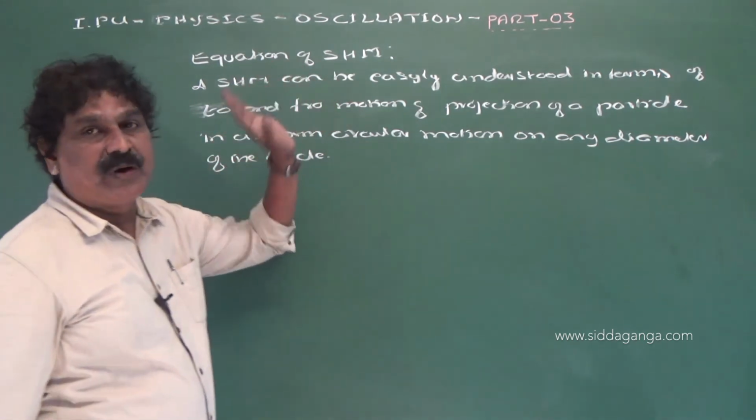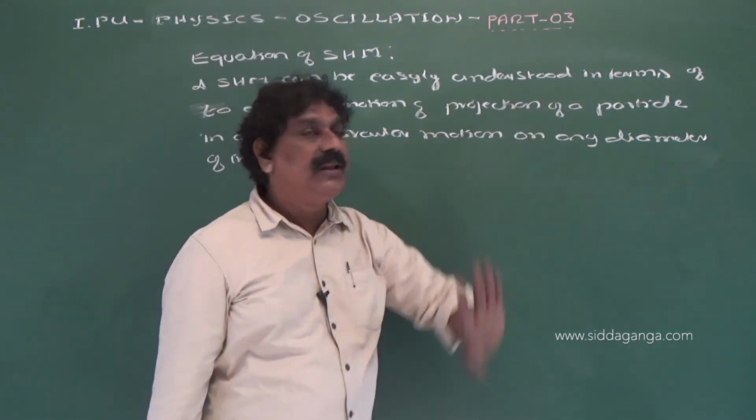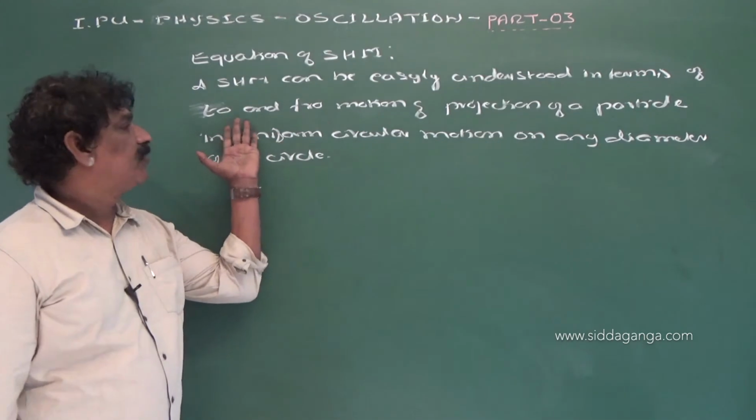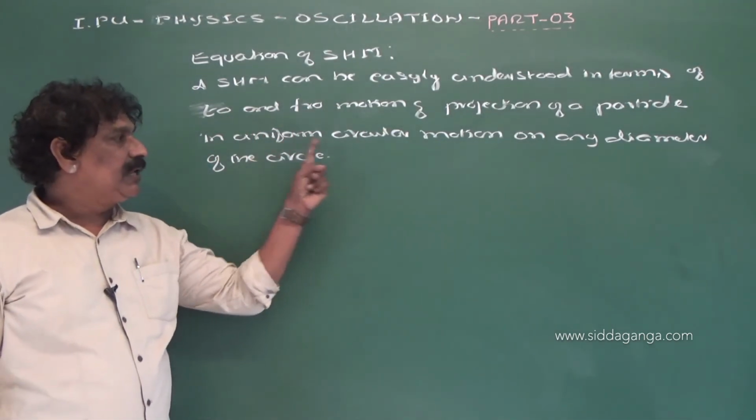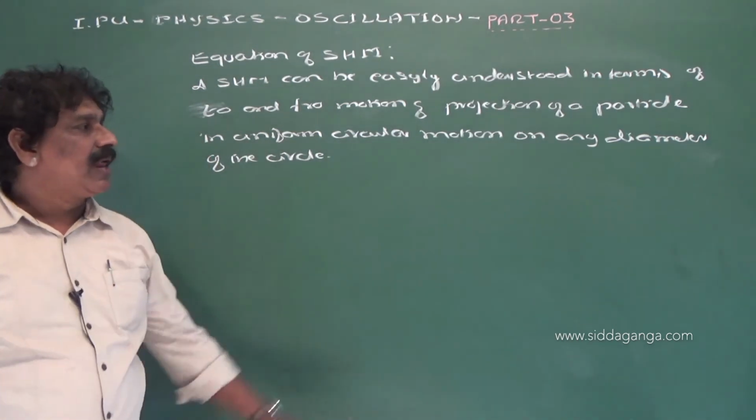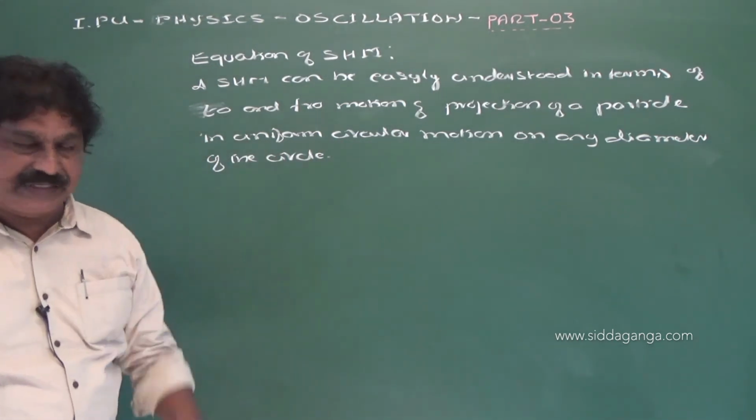So, a simple harmonic motion can be easily understood in terms of to and fro motion of projection of a particle in uniform circular motion on any diameter of the circle.